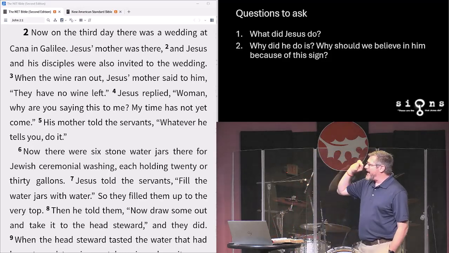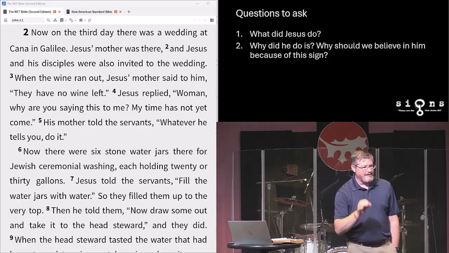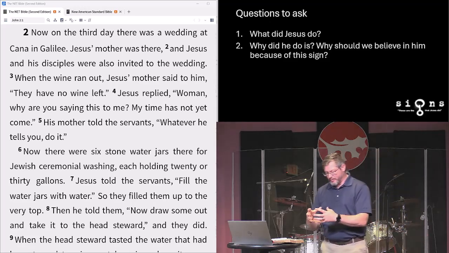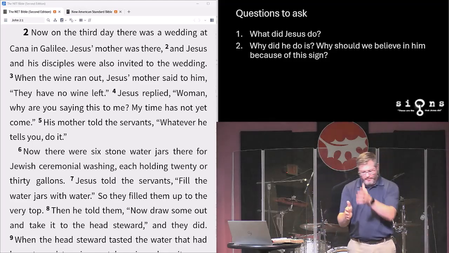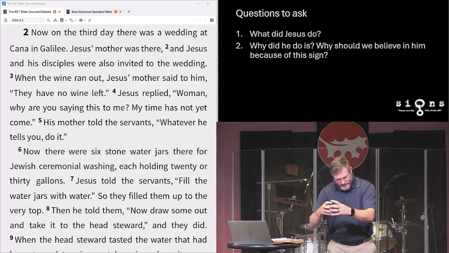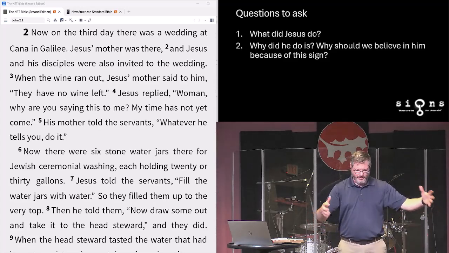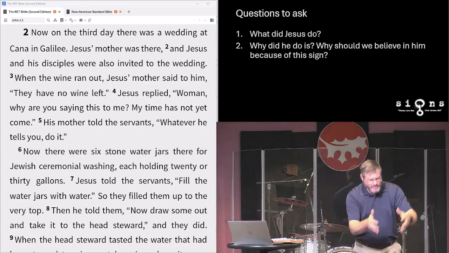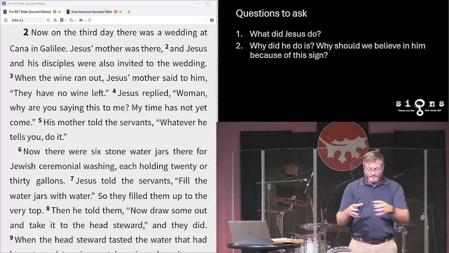My time, my hour, my moment has not yet come. It's not time yet. And this is an important phrase in John, because we see this in John more than Matthew, Mark, and Luke, although it's there. This is part of John's agenda as he writes out this account of Jesus' life, selectively choosing the things he thinks are most important to lead us to faith in Jesus, for salvation and for life.